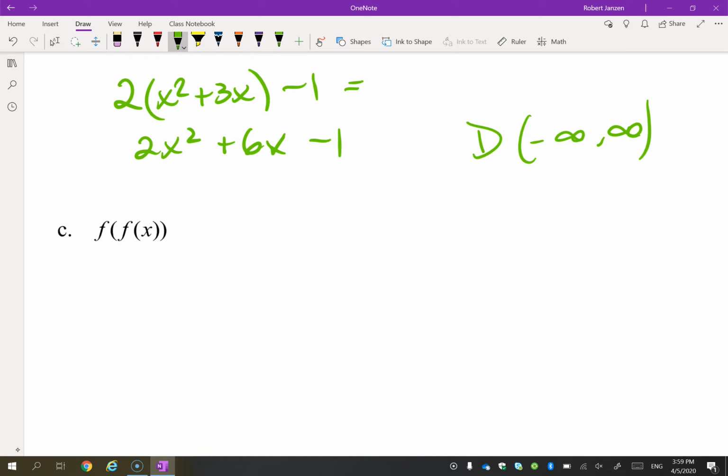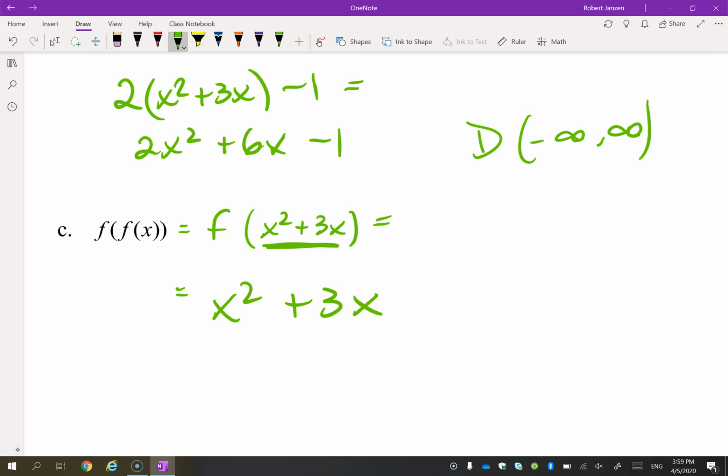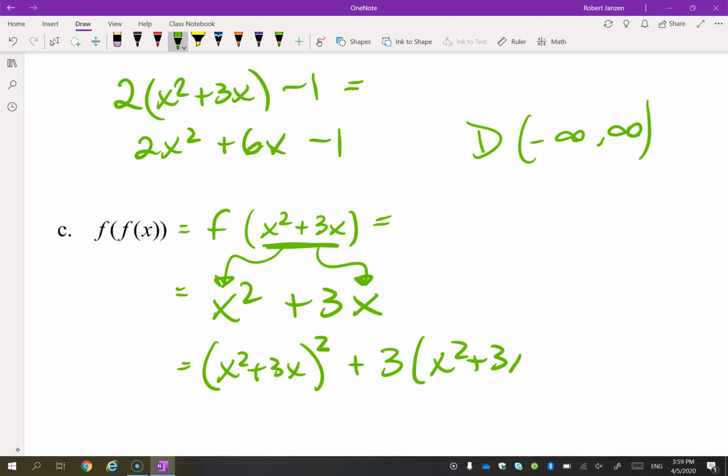Okay, why don't you guys try this one on your own? So you're going to have f of x, x squared plus 3x. And then we're going to put this in for x in f. We're going to put that in for this x, and we're going to put that in for this x. So it looks like x squared plus 3x, squared, plus 3 times x squared plus 3x.